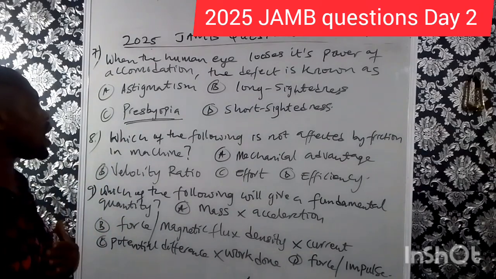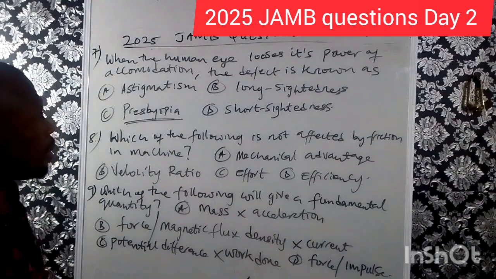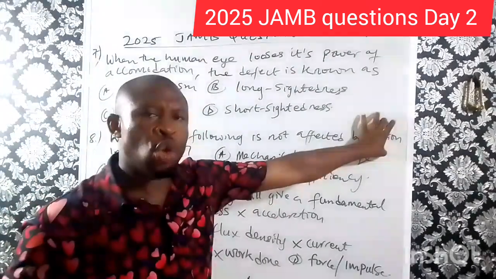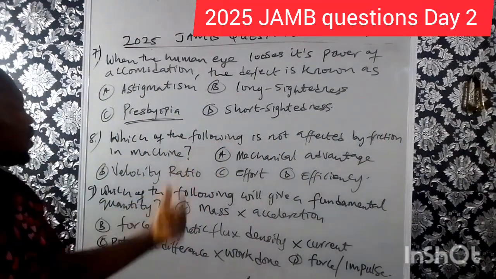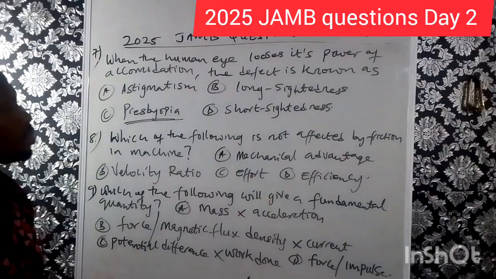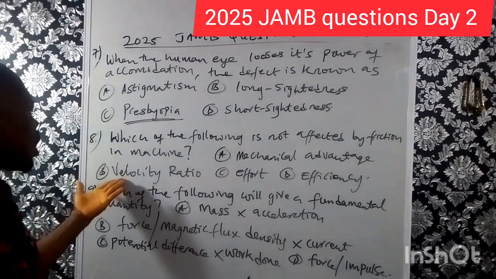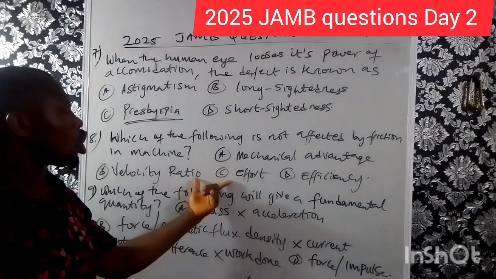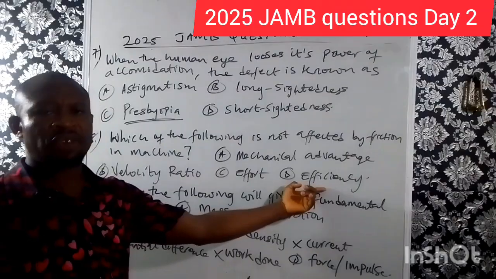Now we have this next one. The next one says, which of the following is not affected by friction? The key word there is friction. So which of these is not affected by friction in a machine? The first one, mechanical advantage. Second one, velocity ratio. Third one, effort. Fourth one, efficiency.